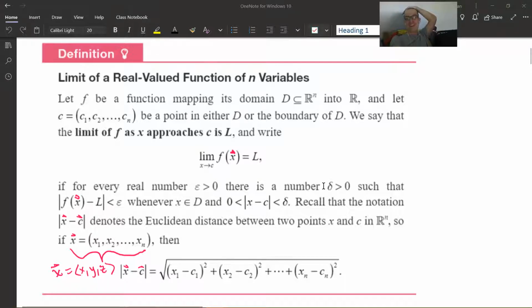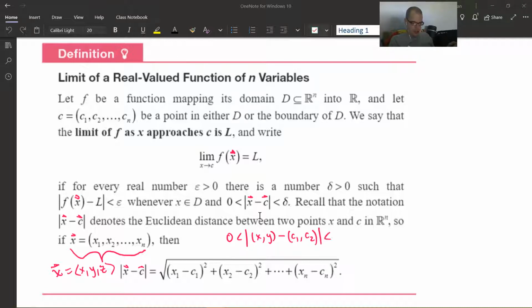So for every epsilon, there is a delta such that the outputs are bounded by some number epsilon whenever x, and this is maybe not the greatest notation, this is again a vector, but let's go ahead and write the point xy minus a point c1, c2.